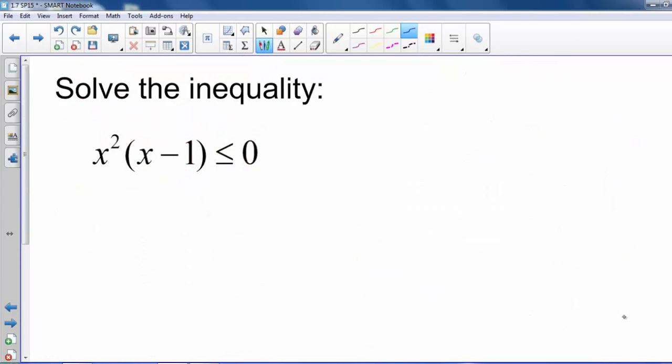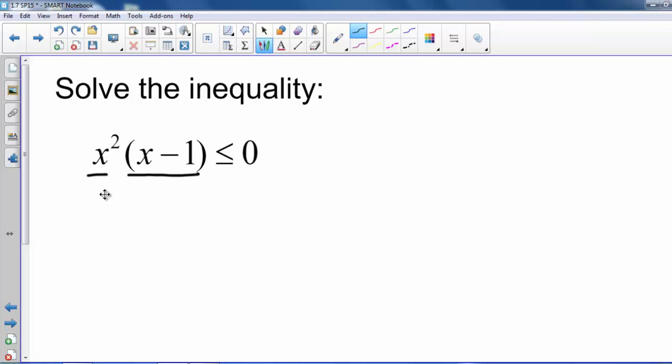We want to solve the inequality x squared times x minus 1 is less than or equal to 0. So this inequality is already in our form where we have things being multiplied together, which is less than or equal to 0. So we want to find where each of our factors on the left is equal to 0.